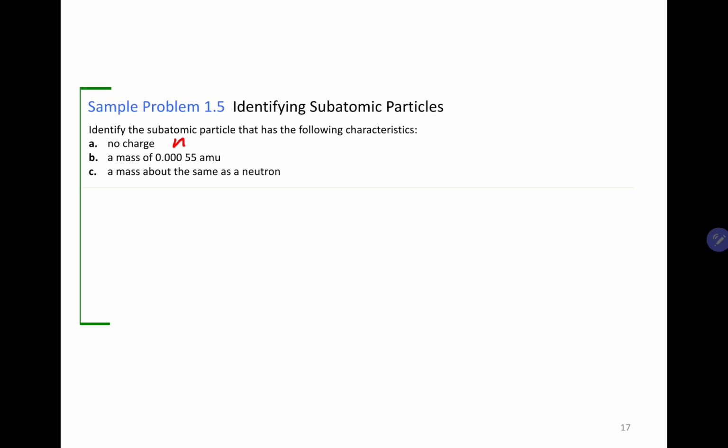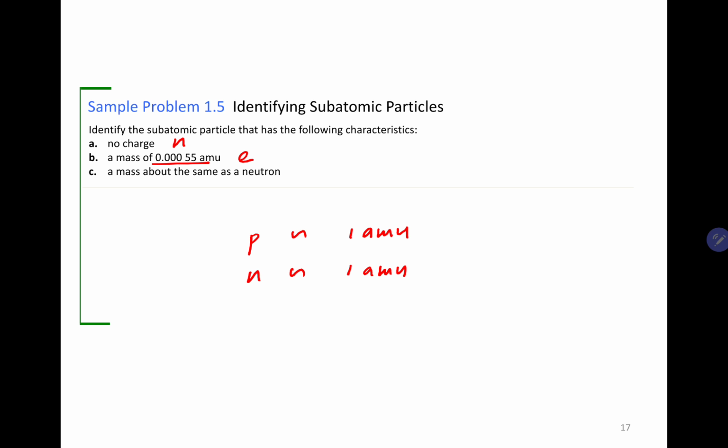We know that a proton is approximately 1 AMU. A neutron mass is approximately 1 AMU. And this mass is a much lighter mass, so that must be an electron.